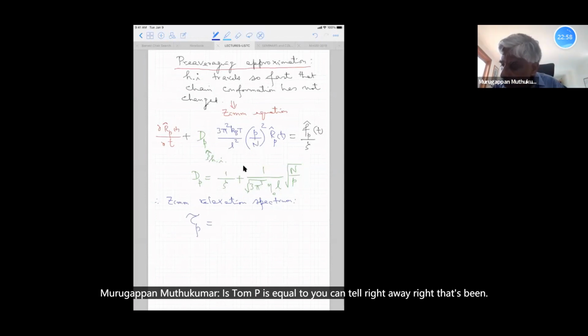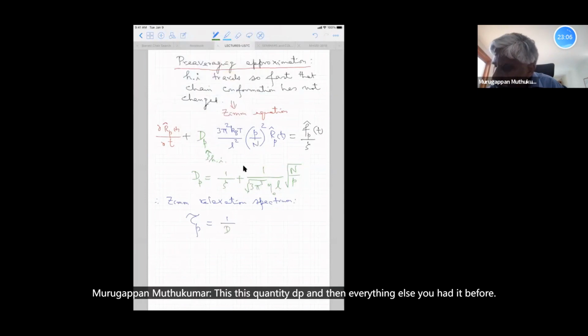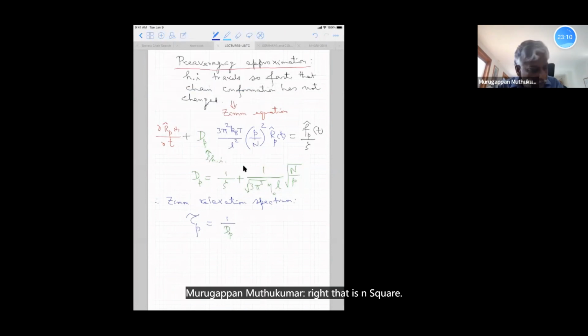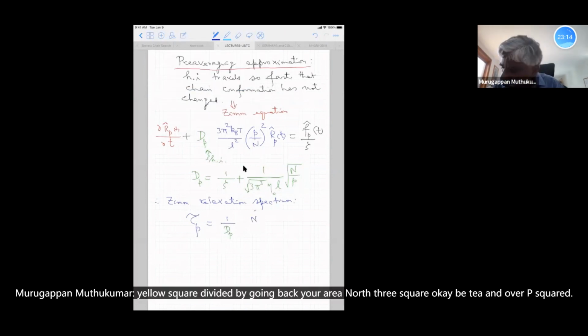That will be 1 divided by this quantity dP, and then everything else you had before, right? That is N square L square, divided by, going back to your earlier notes, 3 pi square kBT and 1 over P square.